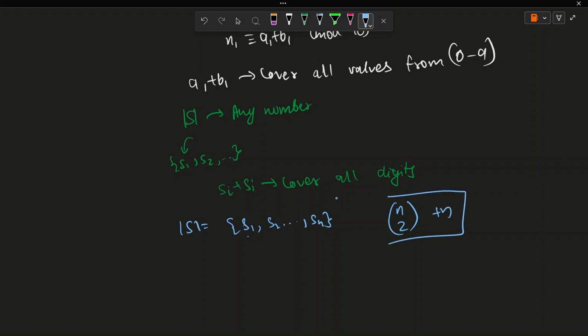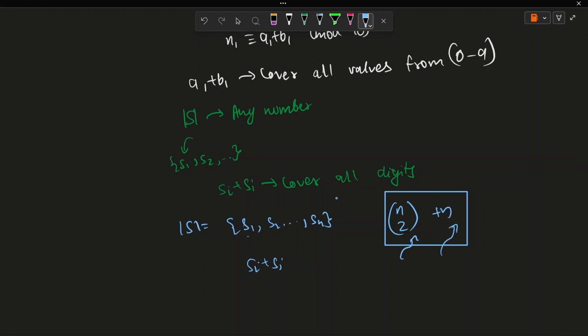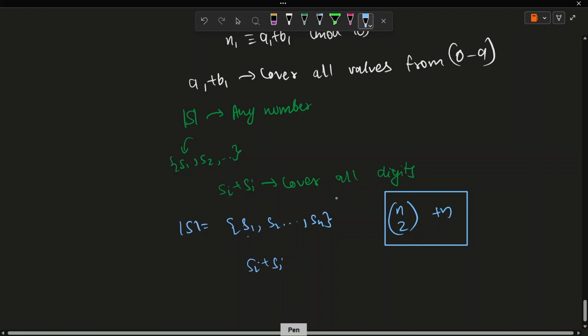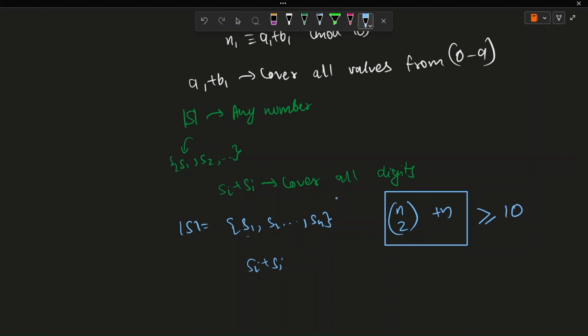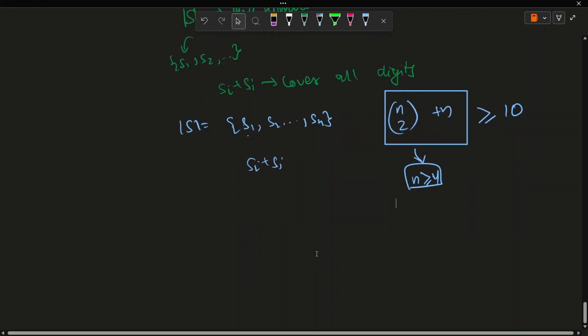This is the total number of distinct two-sums si plus sj: either i and j are different, or they are both the same. So nC2 plus n is the total number of combinations, and this should be greater than or equal to 10, because if it is less than 10, then 10 distinct remainders are not possible. If we solve this, n is greater than or equal to 4, because 4C2 plus 4 equals 10.